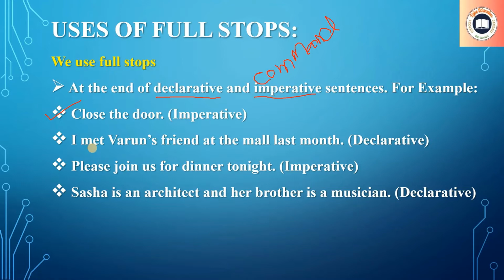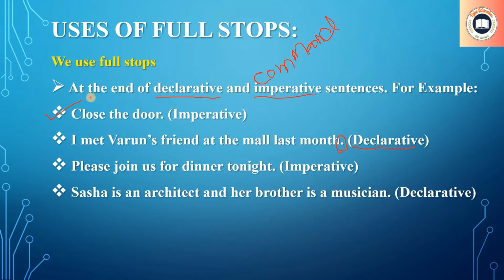So this is not giving a command or request or an order, right? It is just stating some fact and giving some information. So this kind of sentence is a declarative sentence, and therefore a full stop will be placed at the end of the sentence.